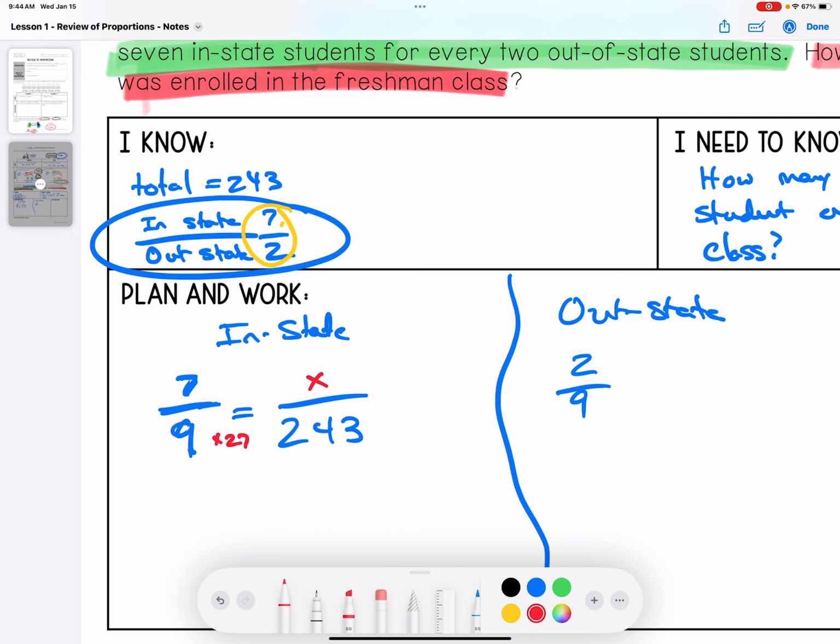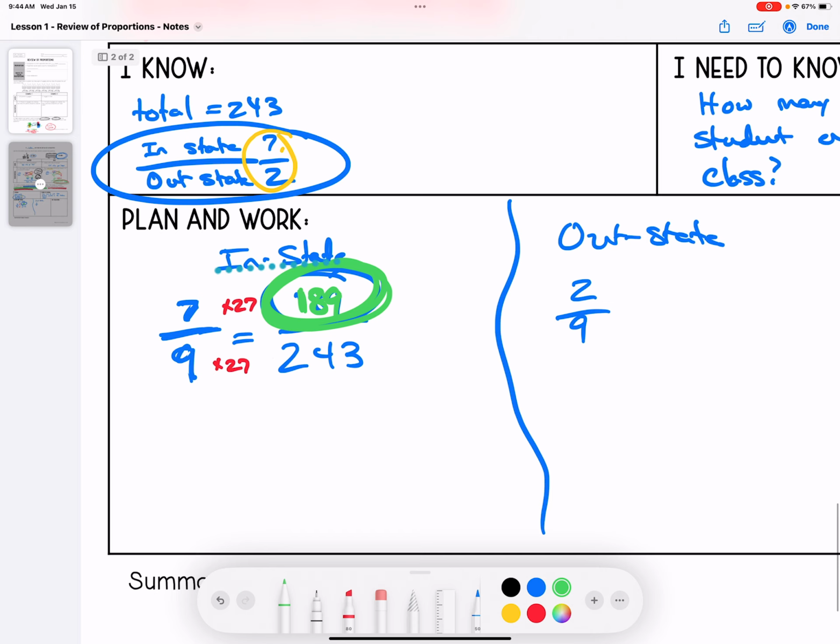You're going to multiply by 27. 7 times 27 is 189. So there's 189 in-state students.